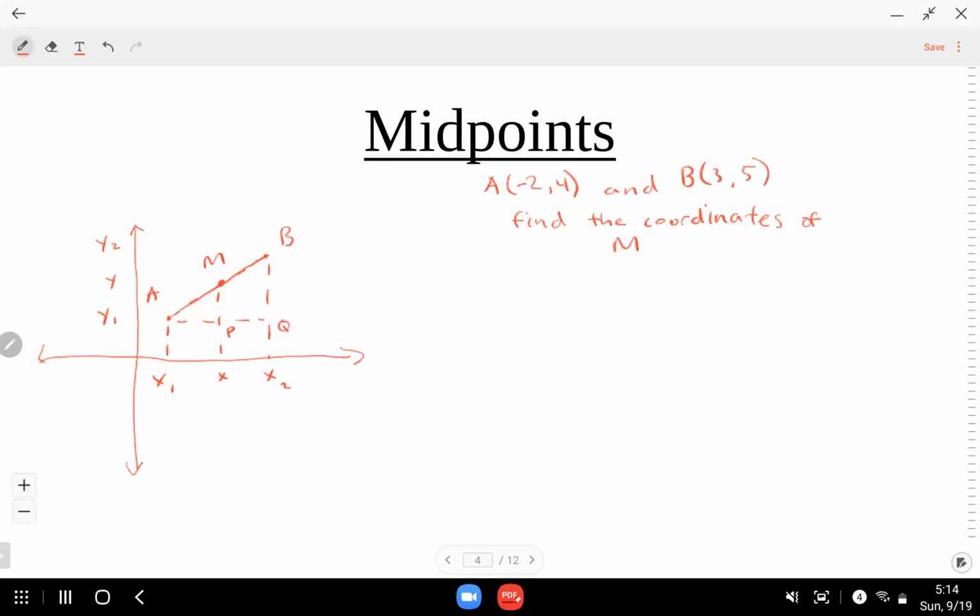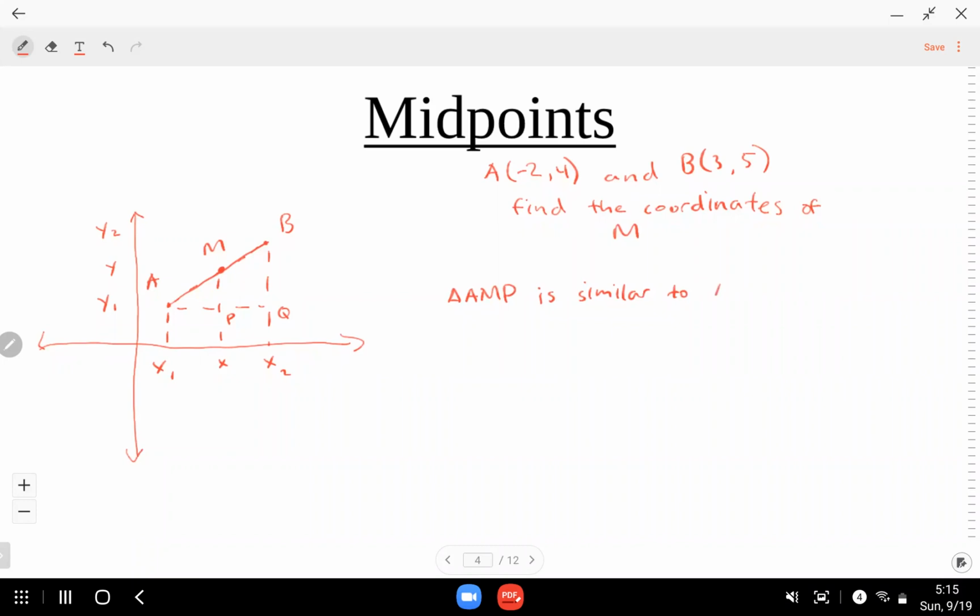All right, so we need to notice that triangle AMP is similar to ABQ.